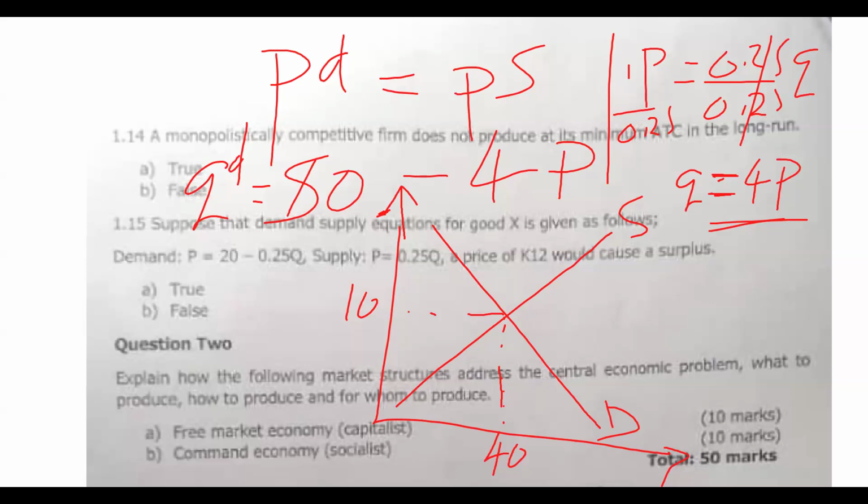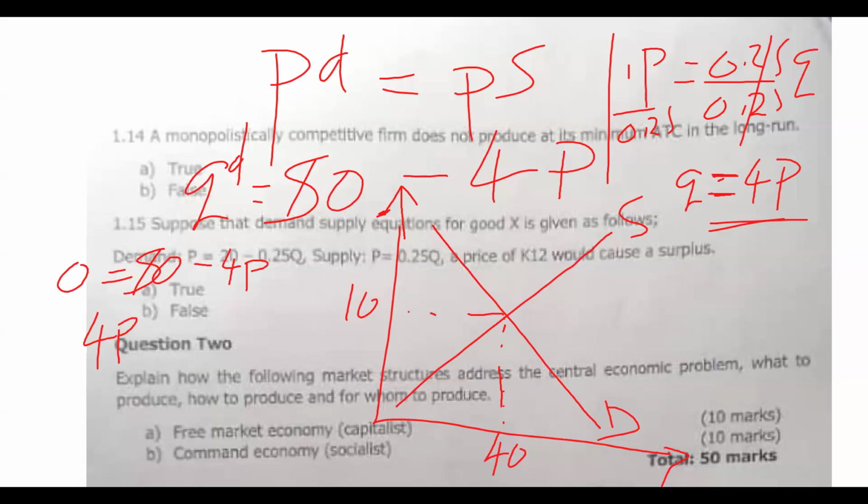So when you have this demand function, you say Q is equal to 0, equal to 80 minus 4p, so that you can have 4p equal to 80. Divide by 4, and what is the intercepting price?